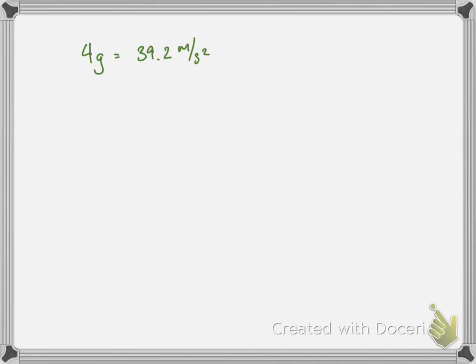This is, for example, 39.2 meters per second squared. That is like going from an initial velocity of 0 to a final velocity of 39.2 meters per second in 1 second, right? That's what it means. A velocity change of 39.2 meters per second per second.